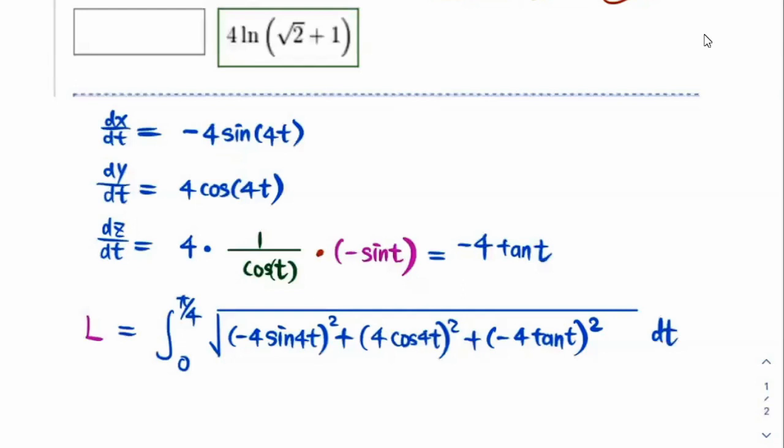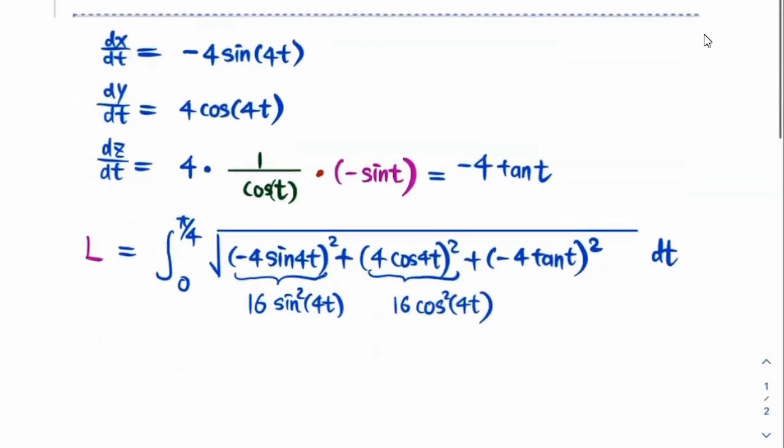Let's see, what do we have over here? Let's think about the first two terms first. This one is 16 sine squared of t, and this one is 16 cosine squared of t.